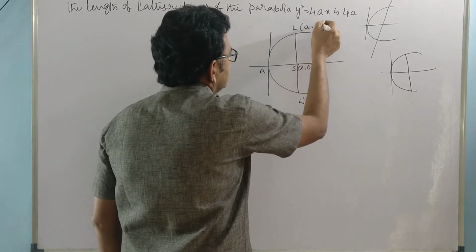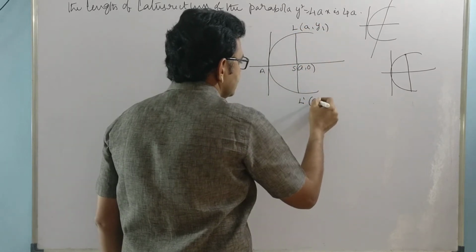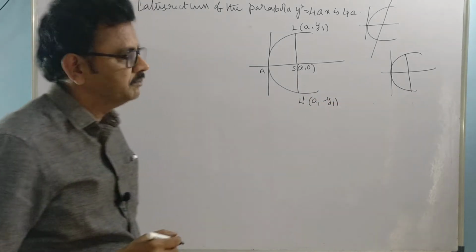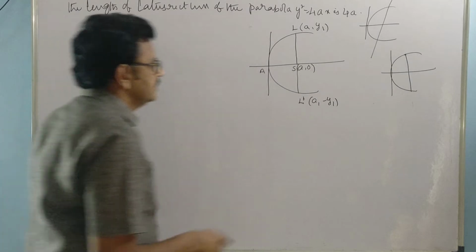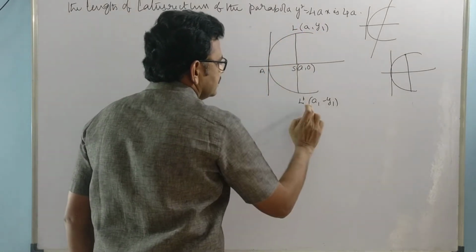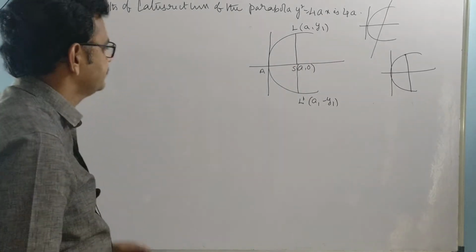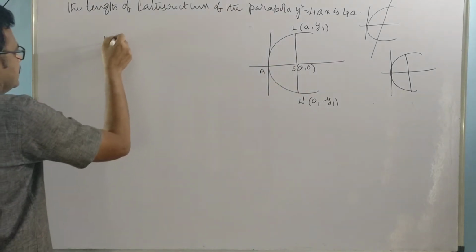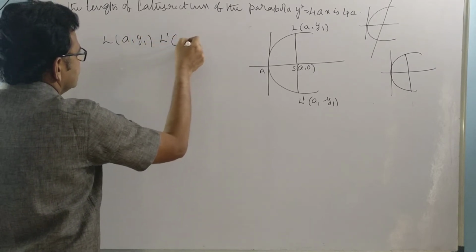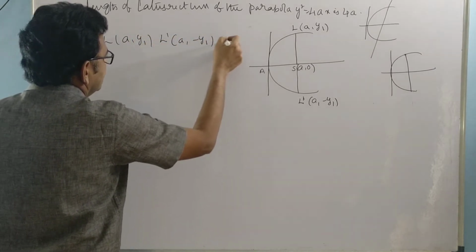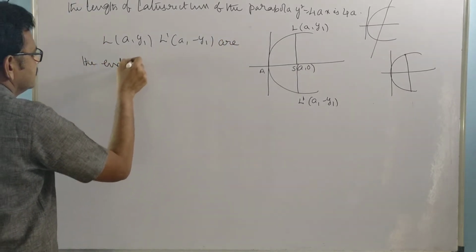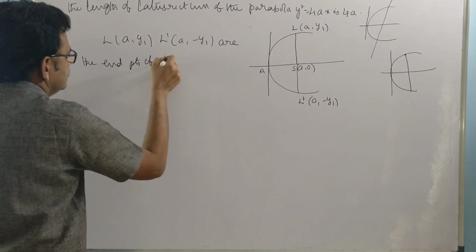Let a comma y1 and a comma minus y1 be the end points of the latus rectum.